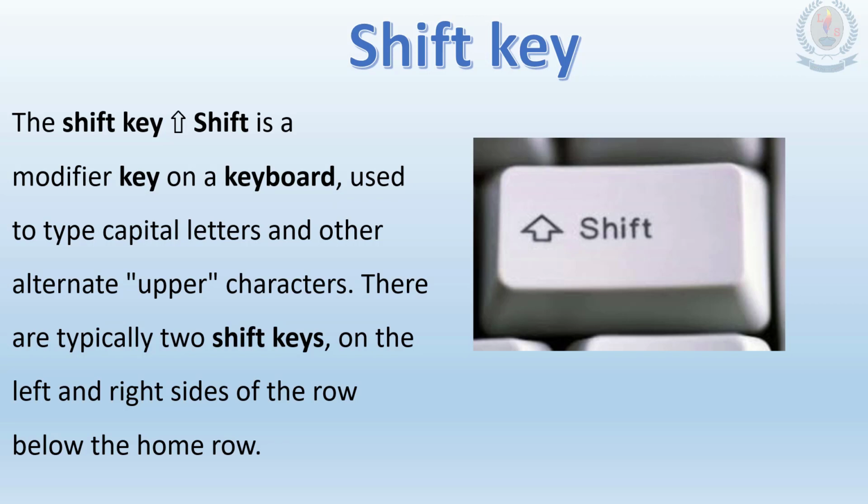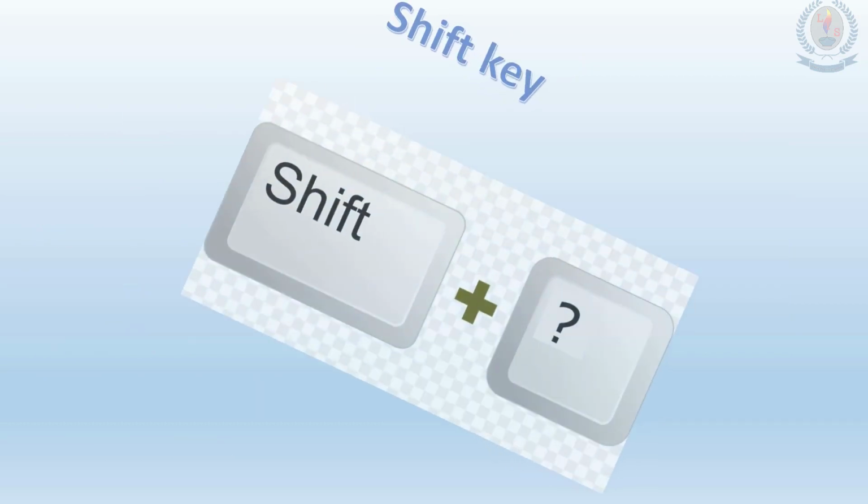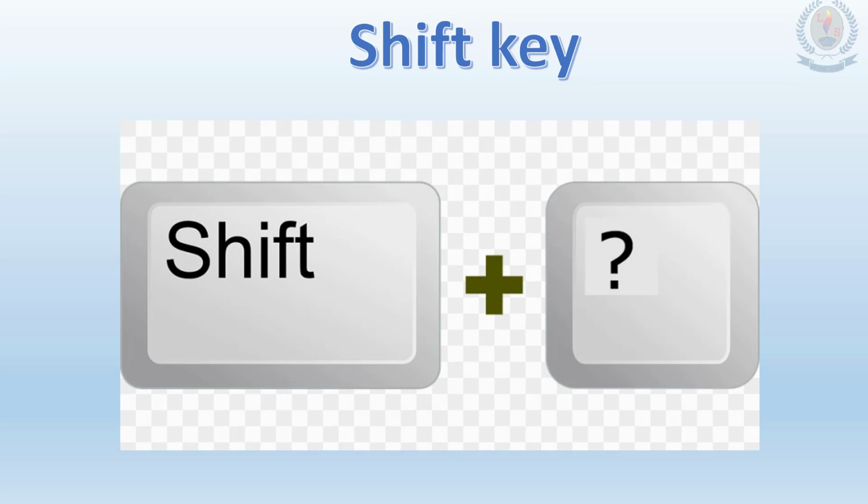Another way of typing capital letters without pressing the caps lock key is to hold down the shift key and press the letter you want, and then it will show in capital case, right? Shift key works like this as I told. First you hold down the shift key and then the letter you want to type in capital. Let's say as an example, if you want to type capital A, then you hold the shift key with the letter A, so it will type the capital letter.